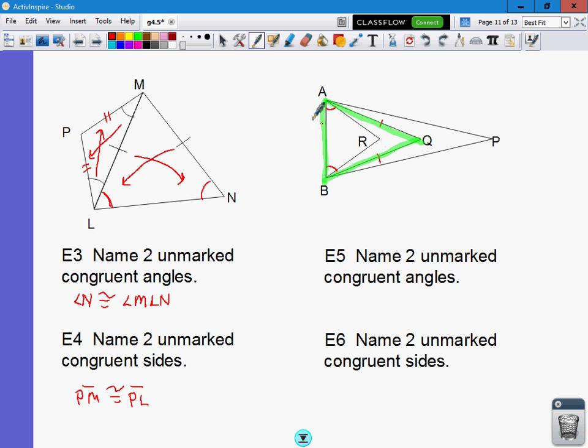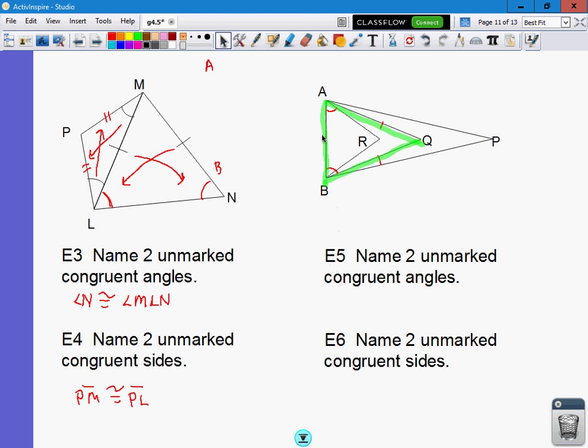If this triangle was separate, okay, if it was separate, this would have been where A was, this would have been where B is, and those would have been the two angles that had to be congruent, right? But the triangle wasn't separate. Can I call it angle A anymore?